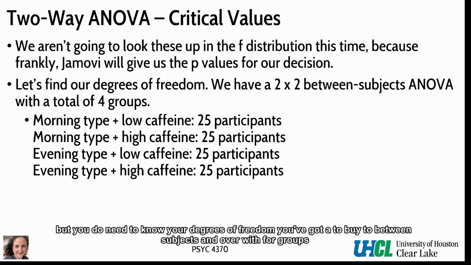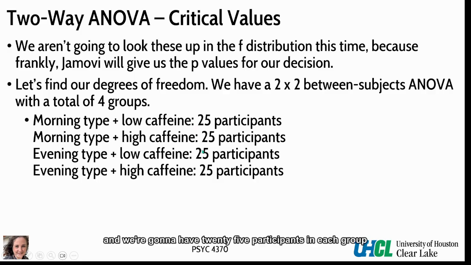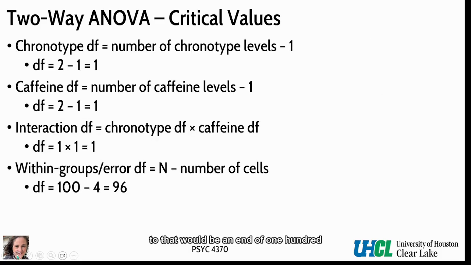You've got a 2x2 between subjects ANOVA with 4 groups, and we're going to have 25 participants in each group. So that would be an N of 100. Your chronotype degrees of freedom: number of chronotype levels, we had 2. So 2 minus 1 gives us a degree of freedom of 1. For your caffeine levels, you had 2 levels. You either had low or high.